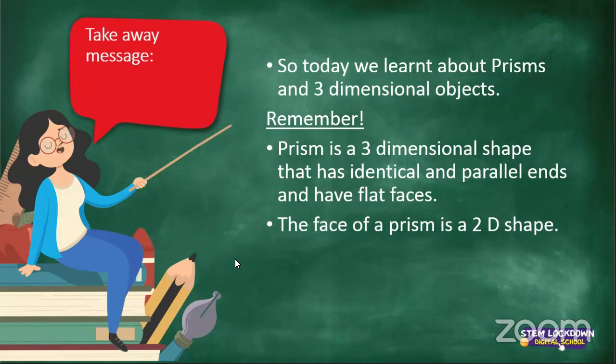The other thing that we have learned today is that the face of a prism is a 2D shape. The last thing that I did not write here that I want us to remember is that if I am able to tell the name of a 2D shape in a prism, it is easier for me to know the name of the prism.